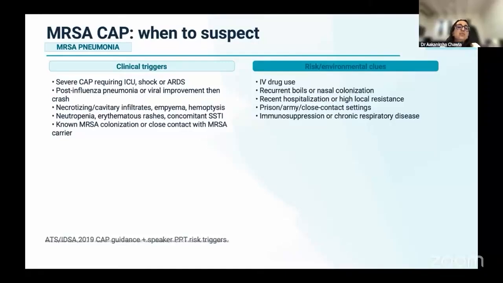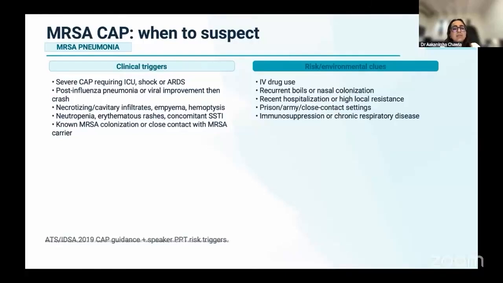A patient who was doing well after an initial influenza infection and now comes with a large consolidation. A patient having necrotizing or cavitating infiltrates, or maybe empyema, but it has to be correlated. Neutropenic patients, a patient with an erythematous rash or a concomitant skin and soft tissue infection, and those who have known MRSA colonization or close contacts with MRSA carriers.